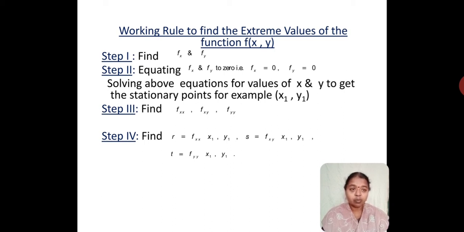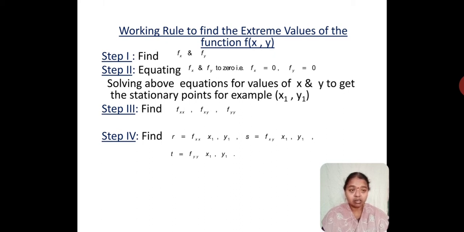The second step would be equating fx and fy to 0, that is ∂f/∂x should be equated to 0 and ∂f/∂y should also be equated to 0. When we solve these two equations, we will get the stationary points. Let's call that stationary point x1 comma y1.